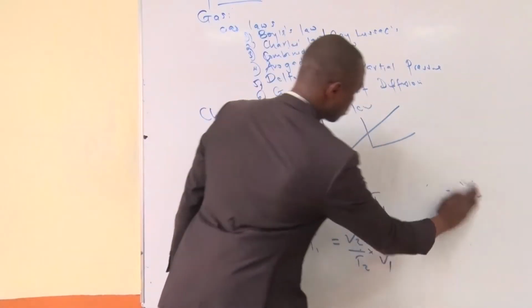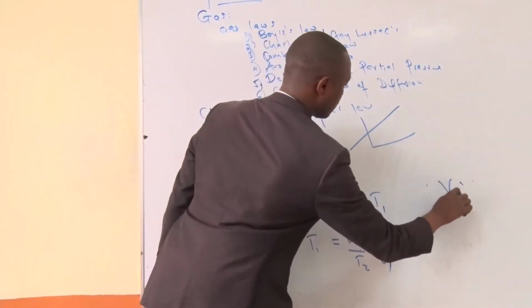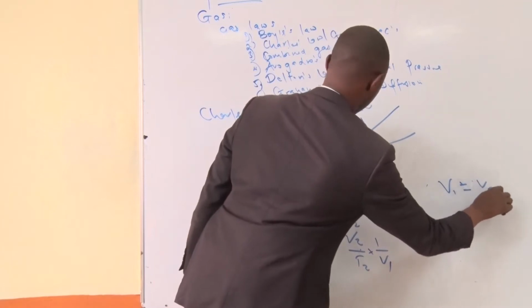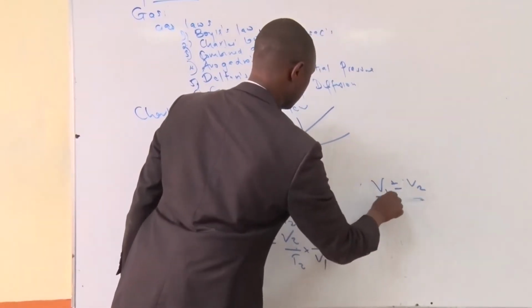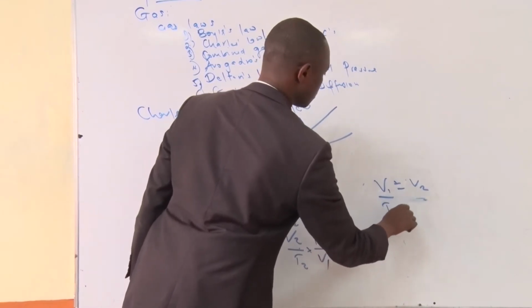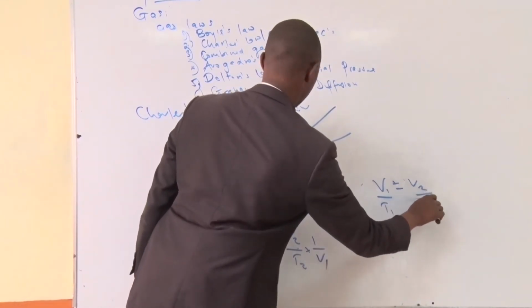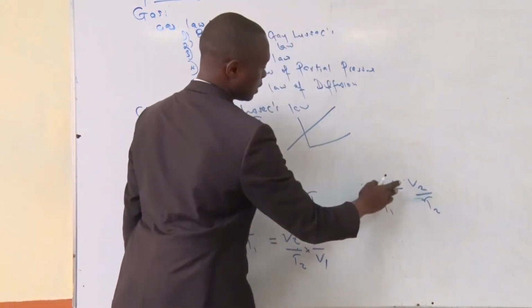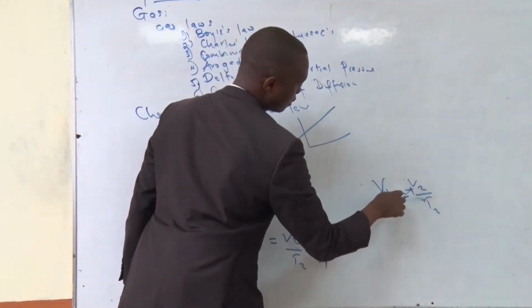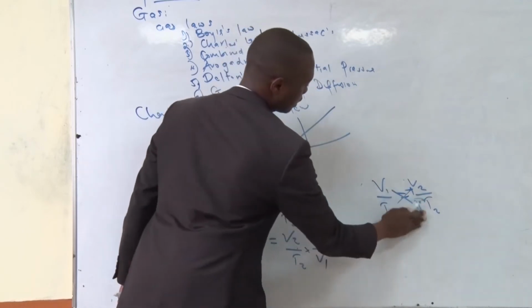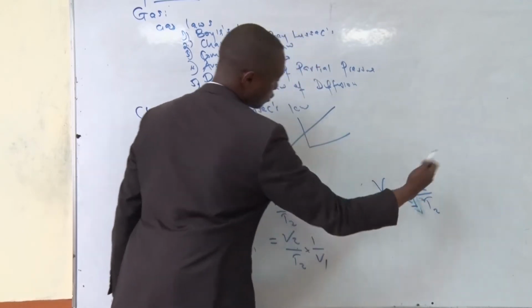Okay, let us do it this way. V1 over T1 is equal to V2 over T2. To make it simpler, you can do the cross multiplication.